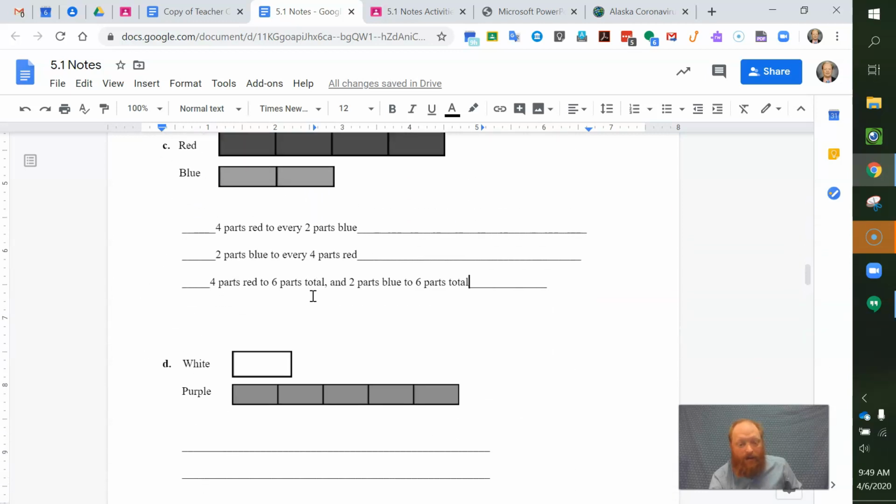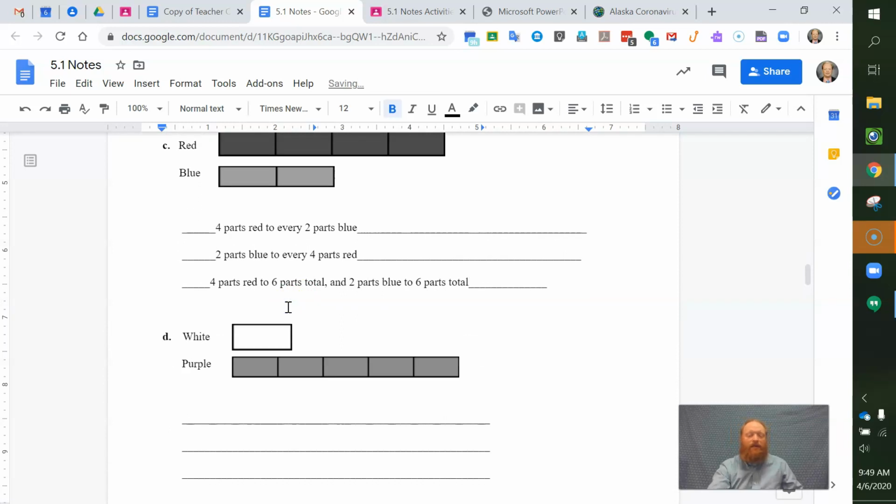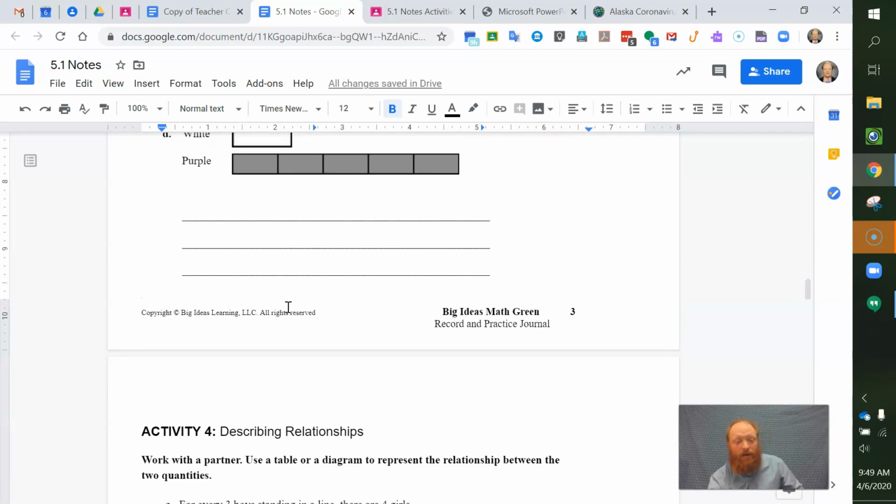All right, let's see what we have. Let's delete a space here and get this up onto one line again, or one page. Perfect.